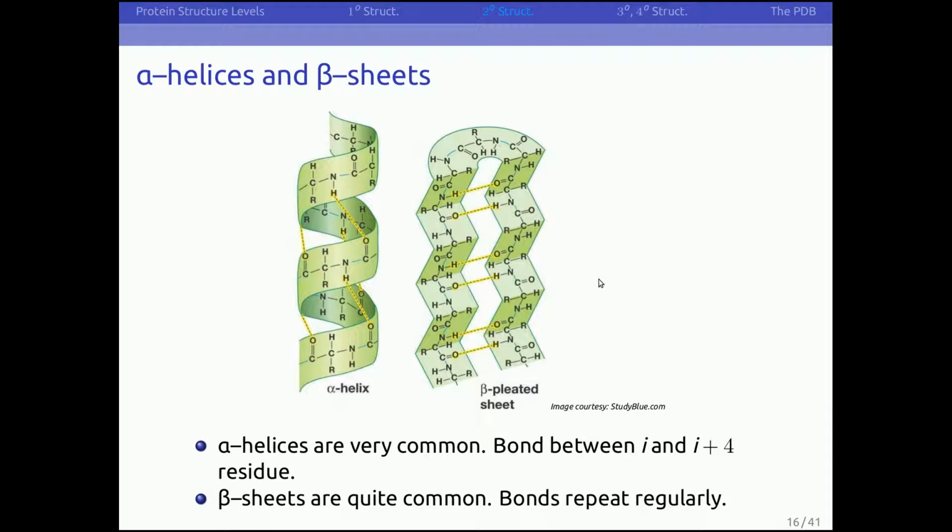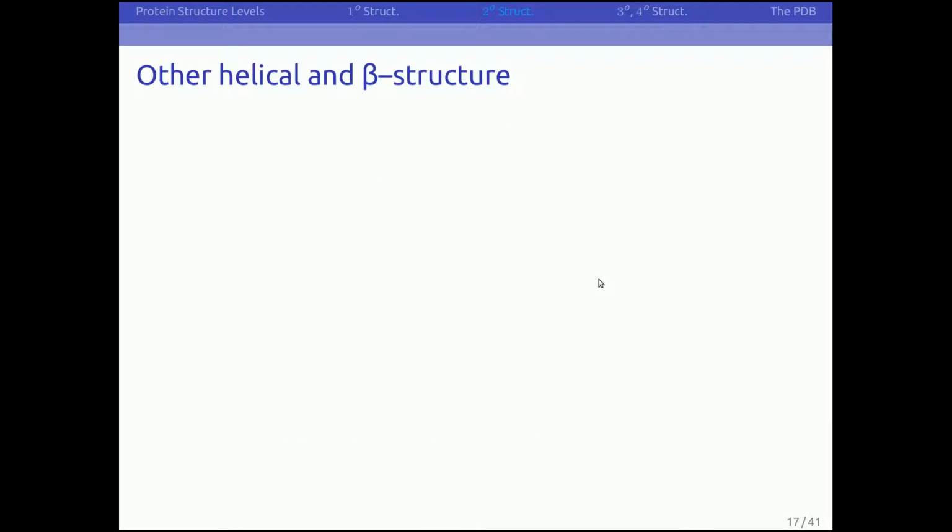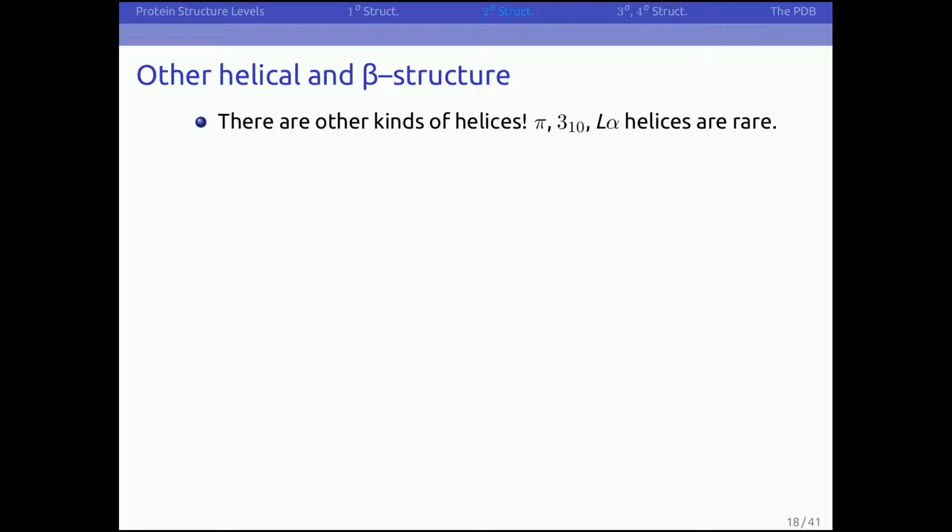Okay, so I don't want to get into it too much more, but there are other helical and beta types of structure. Okay, so the alpha helix is one kind of helix. The alpha means it's the i and the i plus 4th bond.